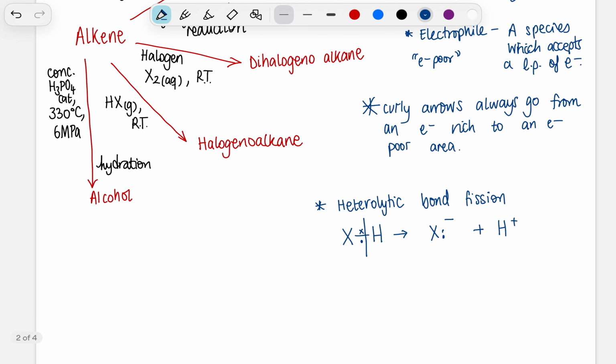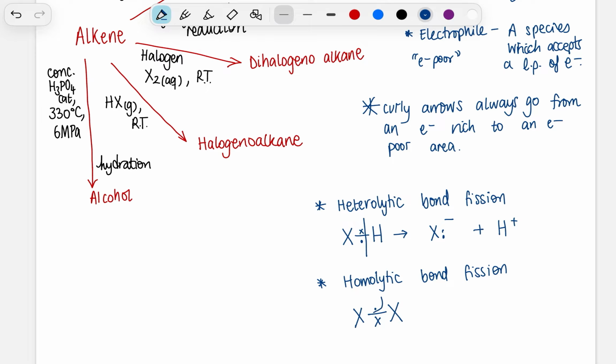Then homolytic bond fission is the opposite. So here what we have is you would have again the covalent bond, and when it breaks this time, the two electrons in the bond are shared between the two atoms.